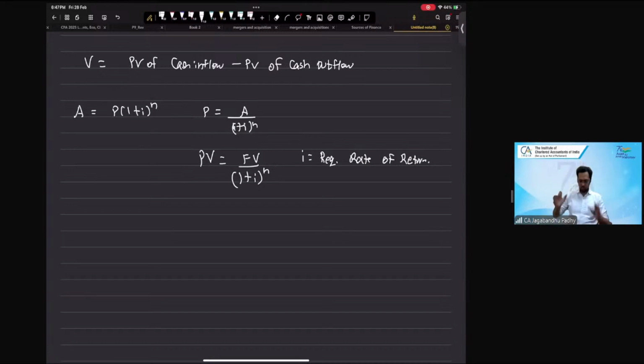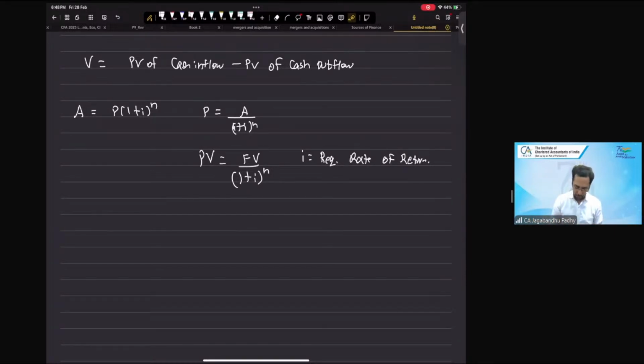This is the compound interest formula which we have already learned in our foundation. There's a whole chapter on time value of money for this formula, Chapter 4. So present value is future value upon (1 plus I) raised to N.